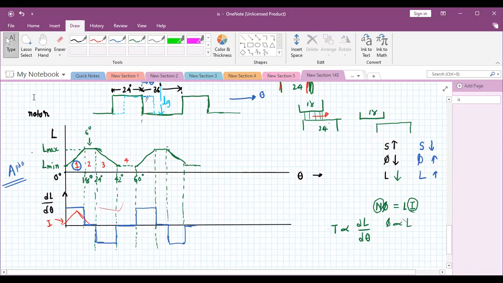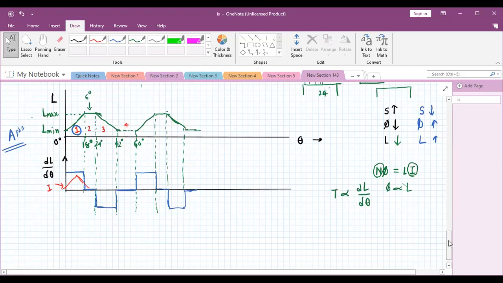That we will see later on. So if we want to control the torque only on the positive side, that is controlled by this current injection, and that is controlled by using voltage control.